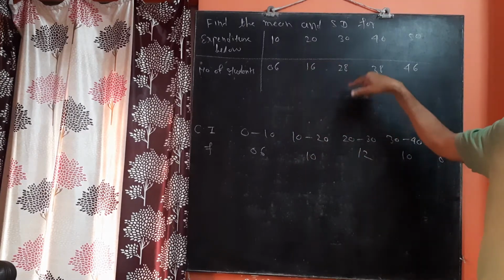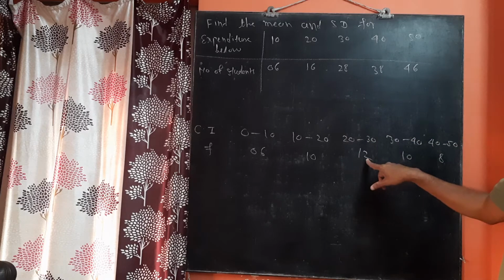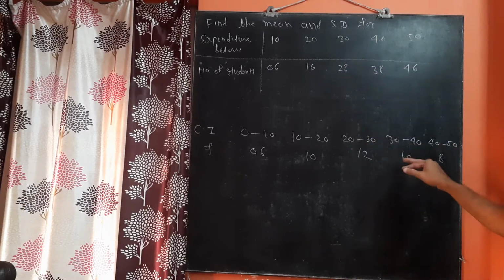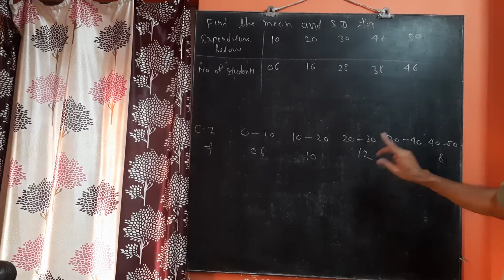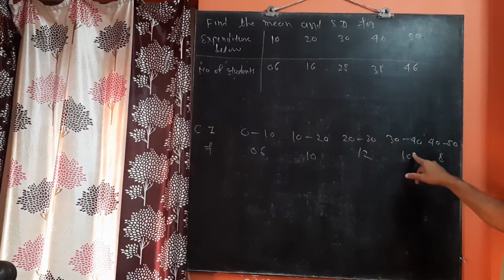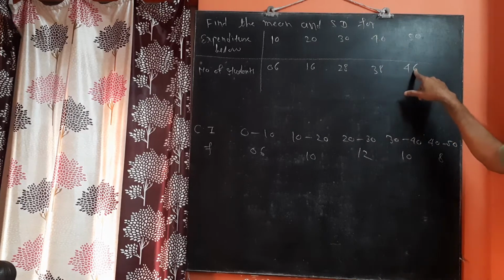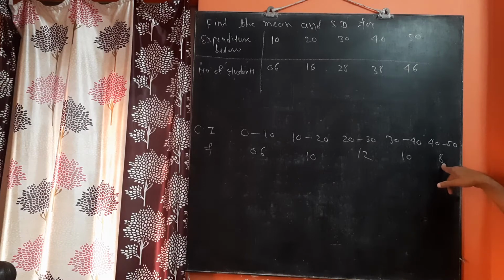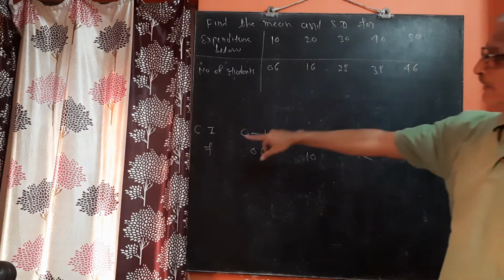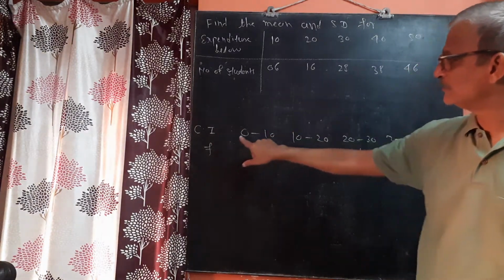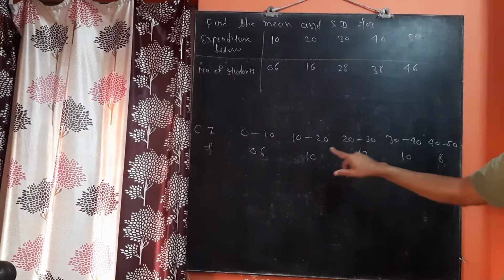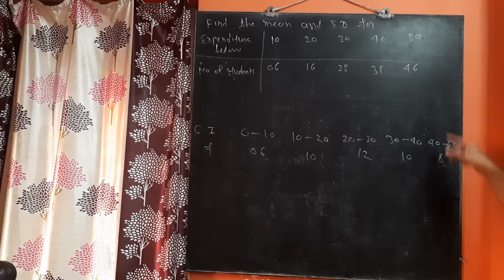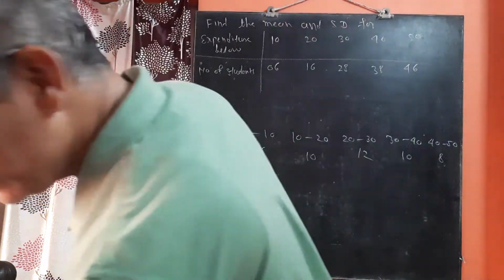Between 20 to 30, 28 minus 16 is 12. Between 30 to 40, 38 minus 28, that is 10. And between 40 to 50, 46 minus 38 equals 8. Now our given data is in the form of class interval and frequency: 0 to 10, 6; 10 to 20, 10; 20 to 30, 12; 30 to 40, 10; 40 to 50, 8. Now prepare the table.